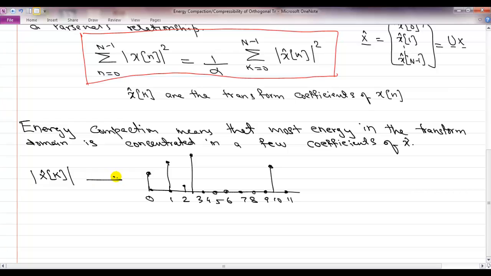When I look at this transform, what do I see? I see that most of the energy is concentrated in 5 coefficients. All the other coefficients are 0.